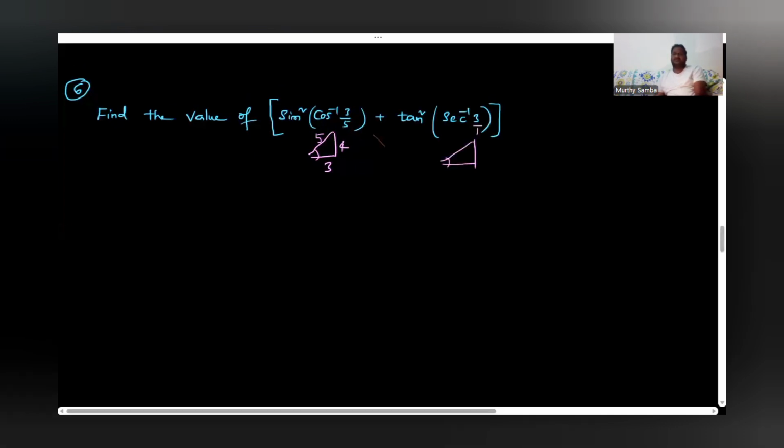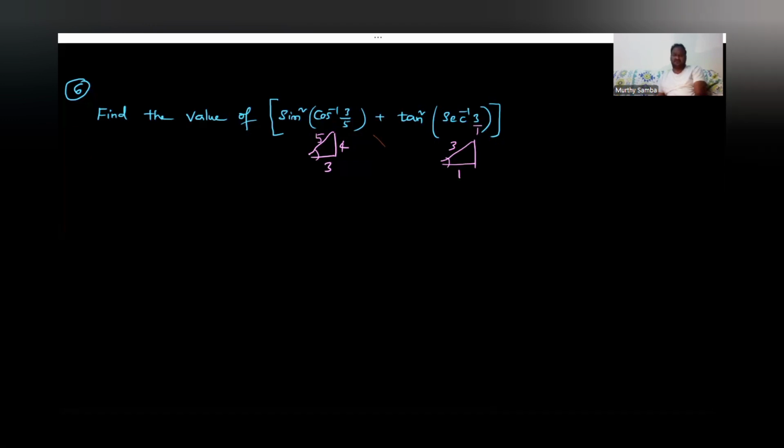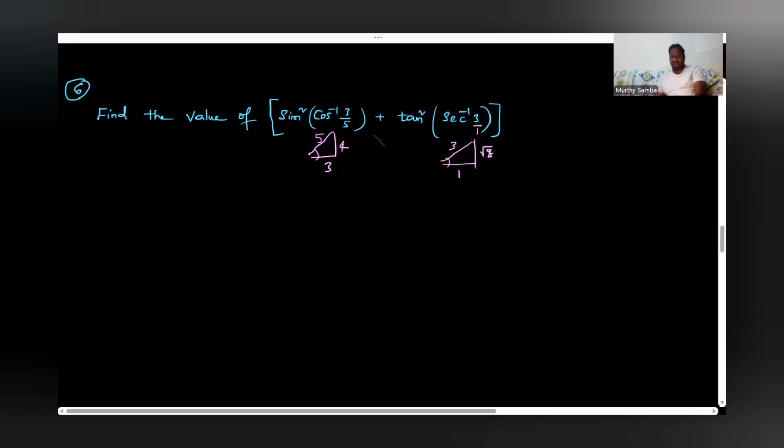What is the definition of secant? Hypotenuse divided by side adjacent. Correct? So then what is going to be the opposite side? 3 square is equal to 9. 9 minus 1 equal to 8. 8 is nothing but you can write root 8 or even 2 root 2 also. So from this, tell me what is sine here? Sine is 4 divided by 5, right? Whole square.